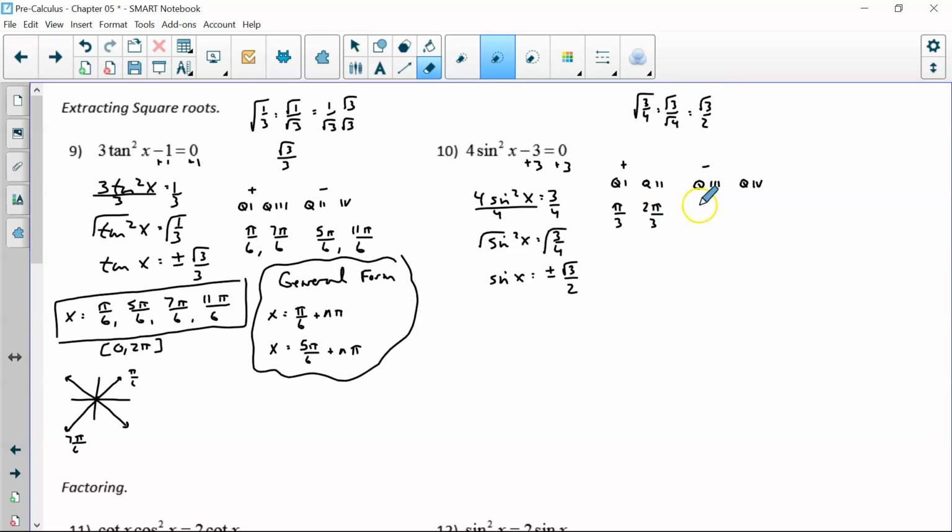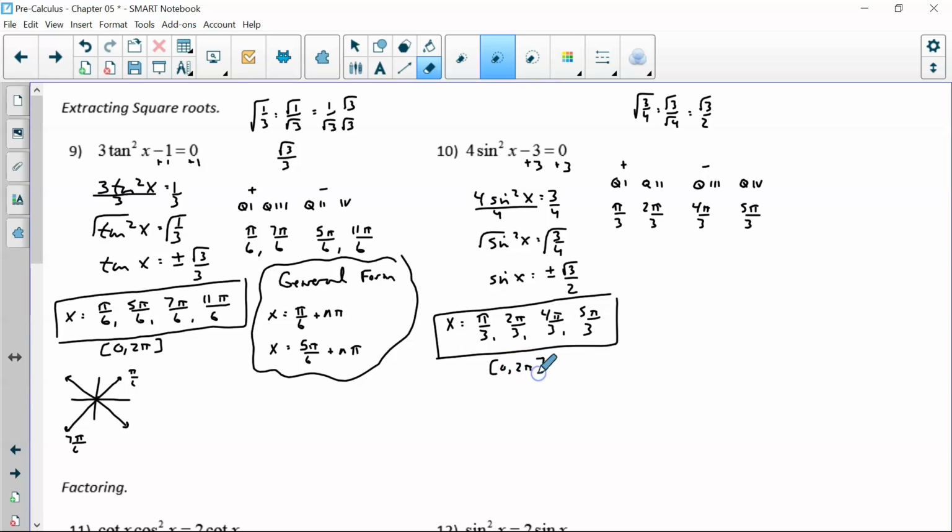In quadrant 3, 4 pi over 3. And also for quadrant 4, 5 pi over 3. So our solutions from 0 to 2 pi are pi over 3, 2 pi over 3, 4 pi over 3, and 5 pi over 3. That's our solutions from 0 to 2 pi.